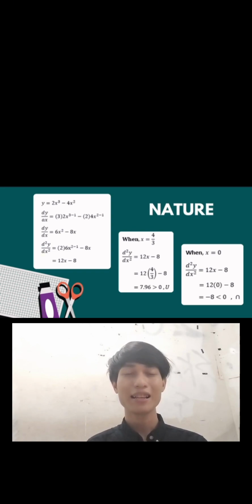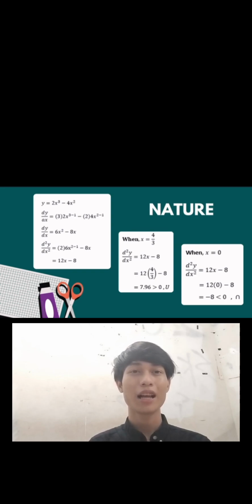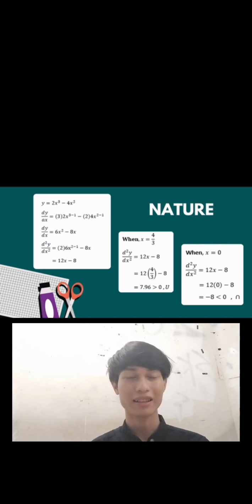The second order is the same as the first order, but we use the answer of the first order to differentiate again. For the first term, we already have the power, so the power moves to the front: 2 multiplied by 6x, and 2 minus 1 gives the new power. For minus 8x, you don't need to move anything, because x is already to the power of 1.